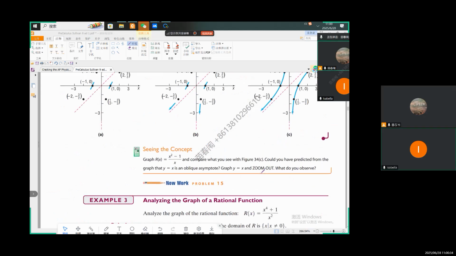How about this one? Example 3. Y equals... okay, hang on, let me write that down. Let me just graph it.